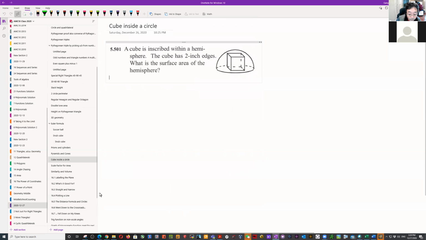And let me just do a single problem, to show how 3D geometry is basically 2D geometry in disguise. For example, this is a cube inscribed within a hemisphere. A hemisphere is just half of a sphere, and the cube has a 2-inch edge. What is the surface area of the hemisphere?